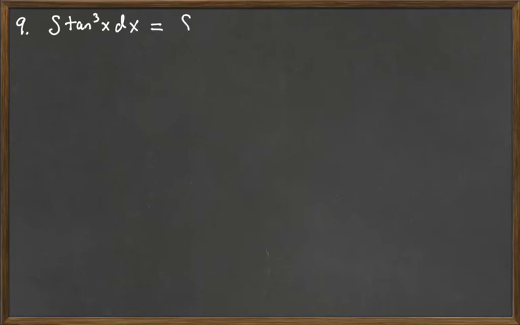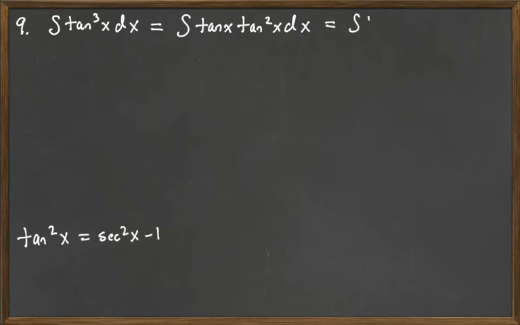All right, so we're going to go ahead and pull off a tangent squared here. And then we'll use our identity that the tangent squared is equal to secant squared x minus 1. And then we'll go ahead and distribute and turn this into two integrals.